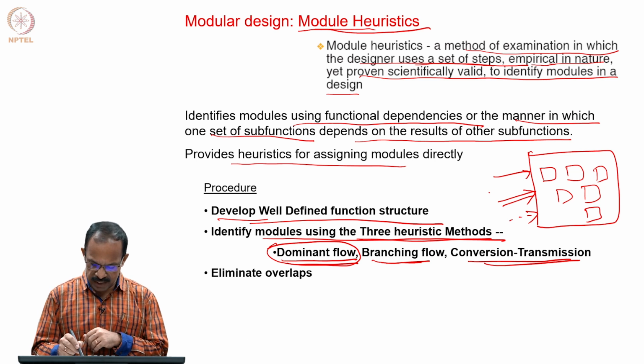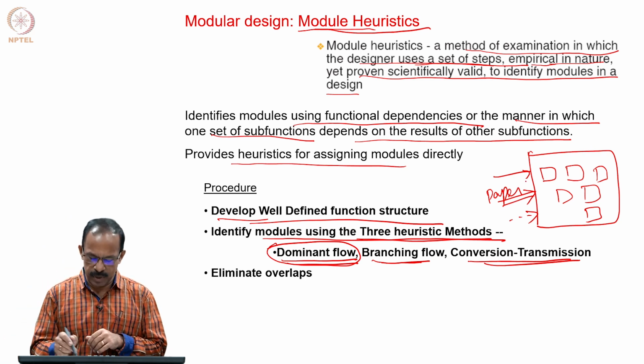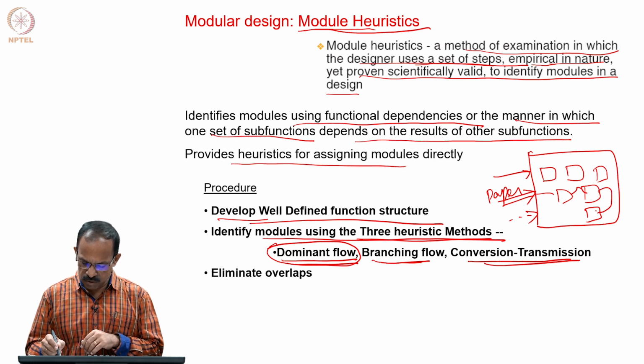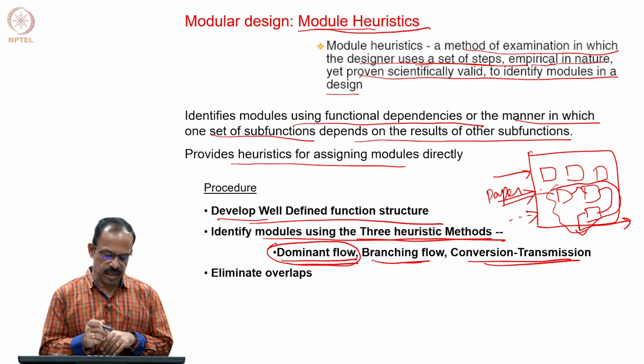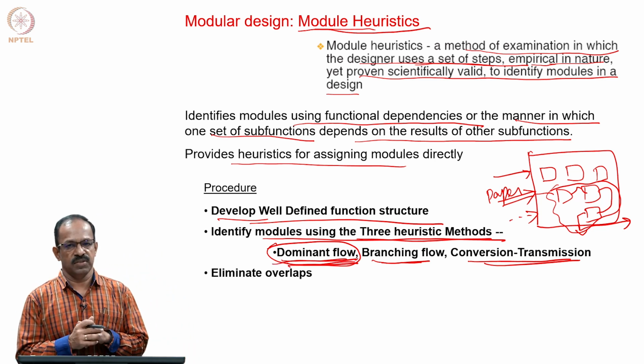For example, in the previous case also, though it was not based on any rule, we tried to see what is happening to the paper, and then we identified all those functions through which the paper passes and comes out, and then we combined all those functions as a module. So, that is known as the dominant flow heuristics.